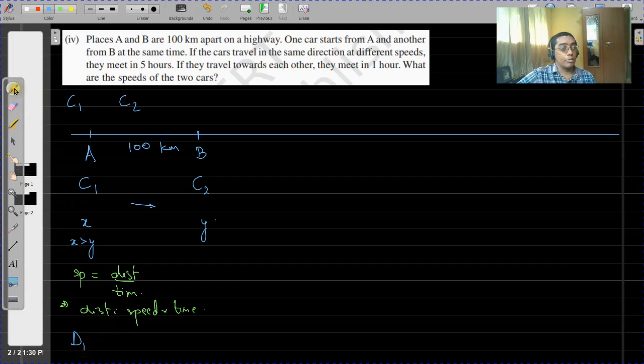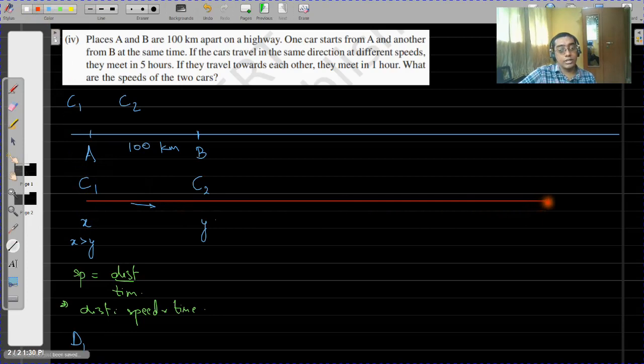Car 1. I'm going to draw that distance. Okay. Car 1 starts from A and travels a distance D1. This much is D1. Car 1 travels a distance D1 in 5 hours.